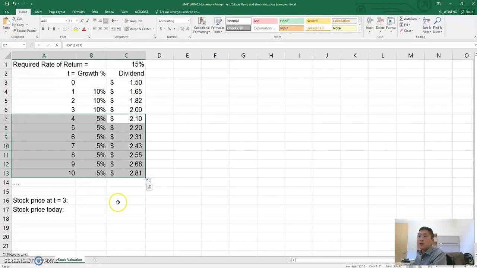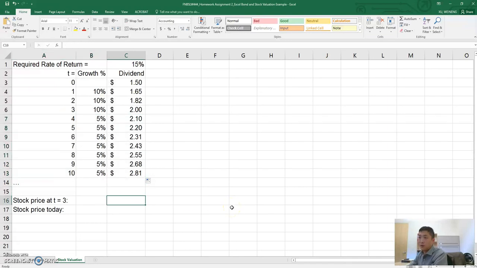Okay, once we have cleared this, we can first figure out what's the stock price at T3. And this is simply a constant dividend growth model where the numerator here is the dividend payment in the next period, which is $2.10. And the denominator is going to be the difference between the required rate of return and the dividend growth rate.